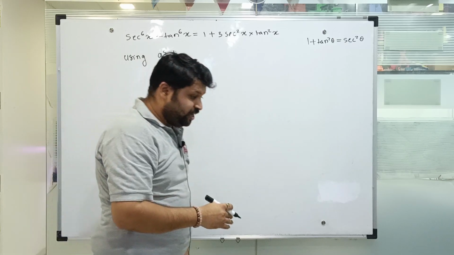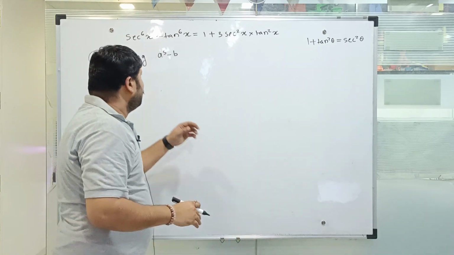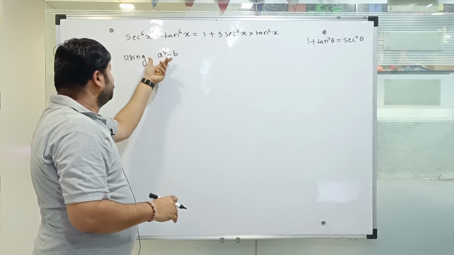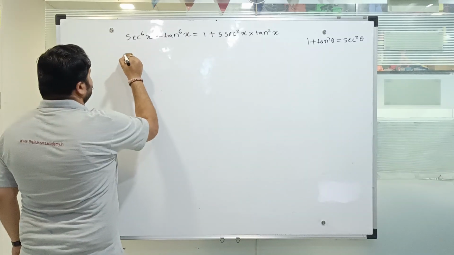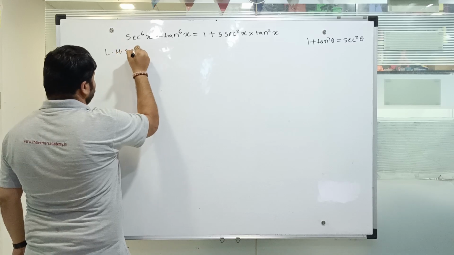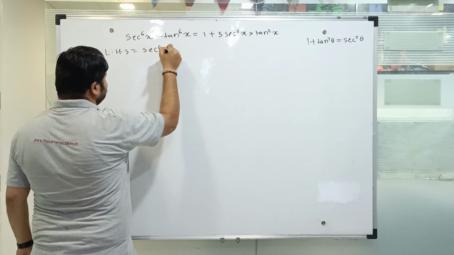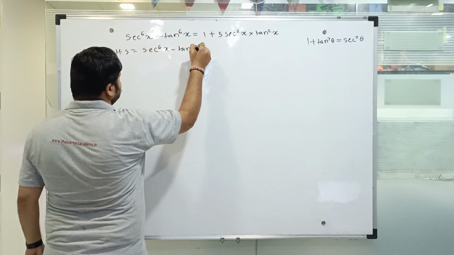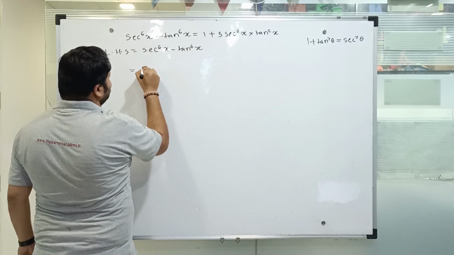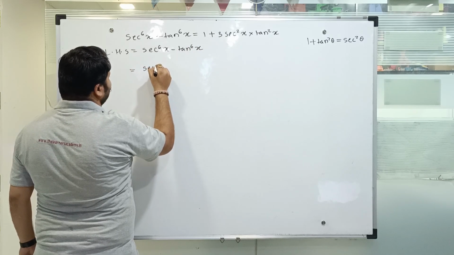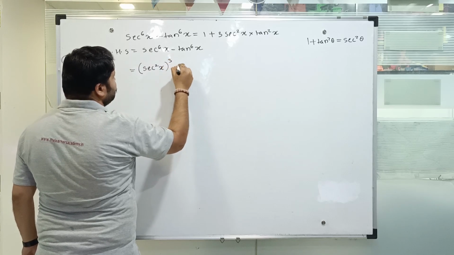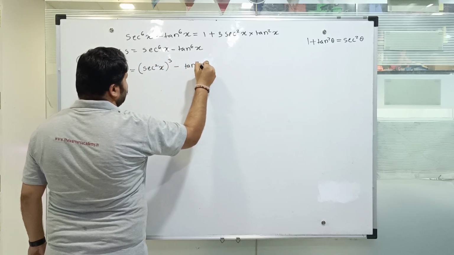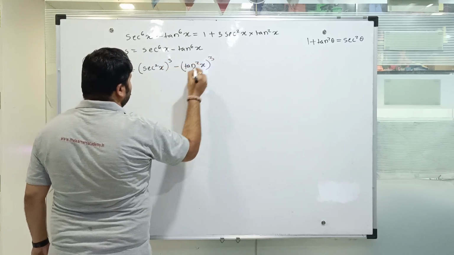Before we use a cube minus b cube, we will have to put this in a particular form. So I can say my left hand side is equal to sec to the power of 6x minus tan to the power of 6x. That can be written as sec square x to the power of 3 minus tan square x to the power of 3.